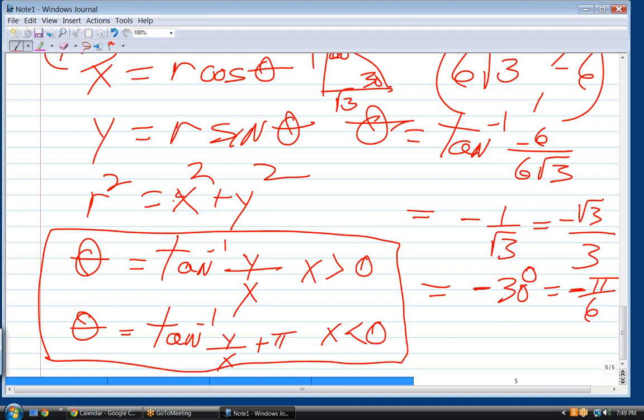So if you got an angle of minus pi over 6 and you add pi to that, you get 5 pi over 6, which is the correct angle. So you must use the negative angle when you're taking inverse tangent of a negative number.